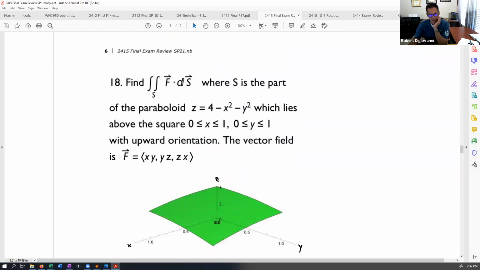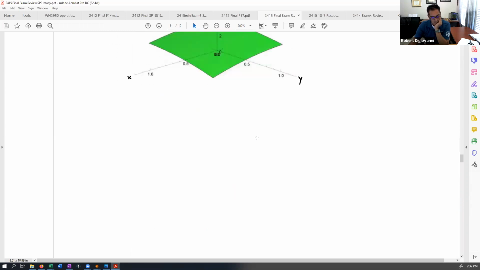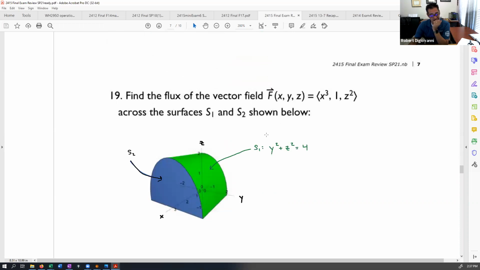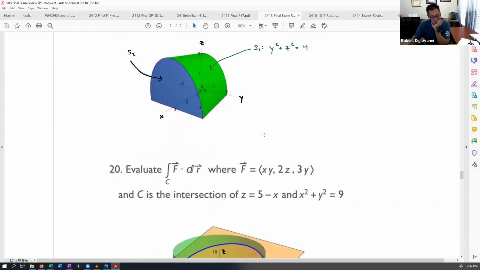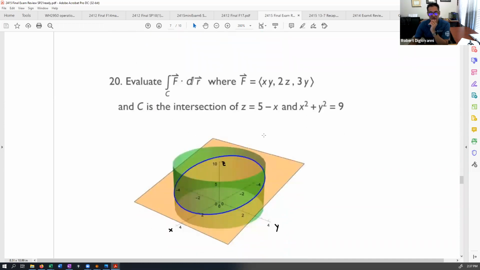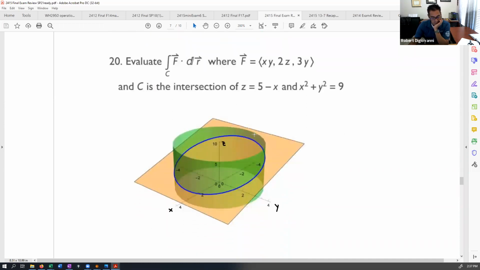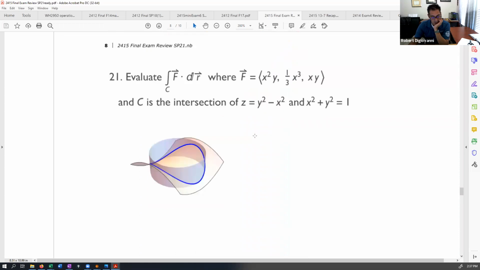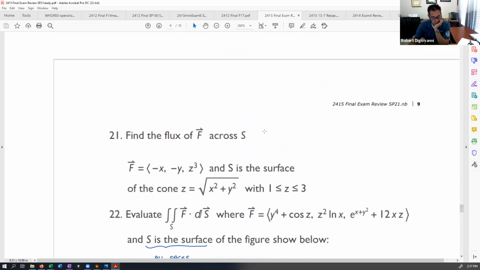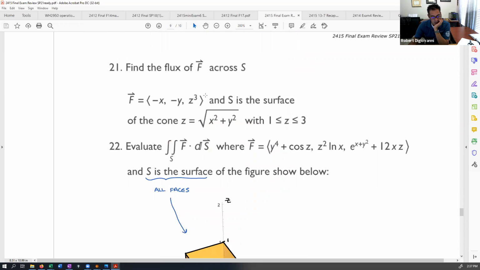See, 18 is flux. I guess 19 is flux too. 20 is Stokes's theorem. So is 21. Flux.